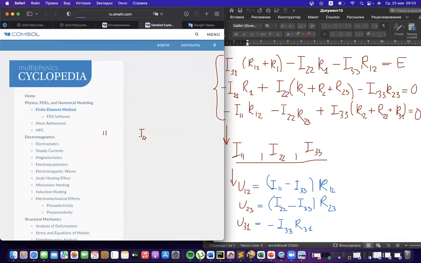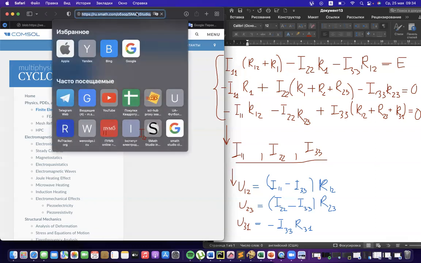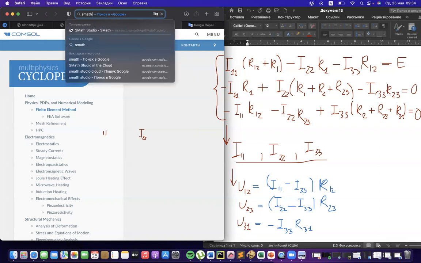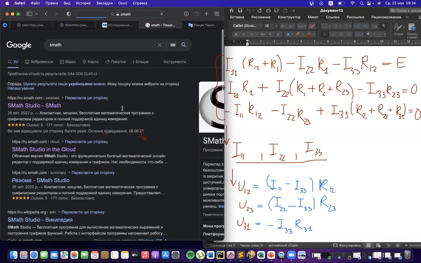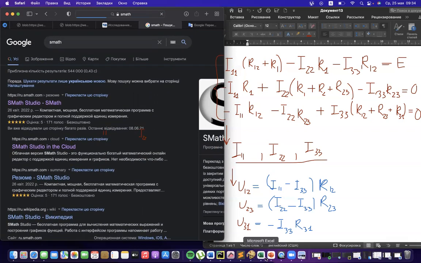It should be used some calculator. It will be useful maybe SMath Studio or something like that. Maybe the cloud version. Okay, just one moment.